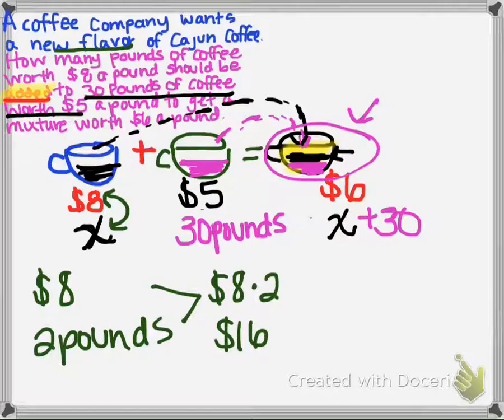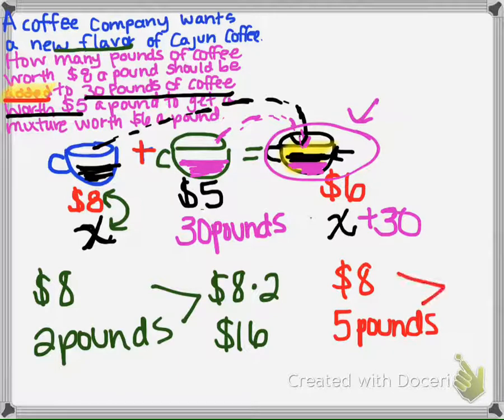It would cost us $16 for 2 pounds of coffee. Let's say the coffee costs $8 and we buy 5 pounds. What's the cost of the 5 pounds? We would do 8 times 5 is 40. So we are going to multiply the cost by how many pounds, because that's going to tell us the total cost.